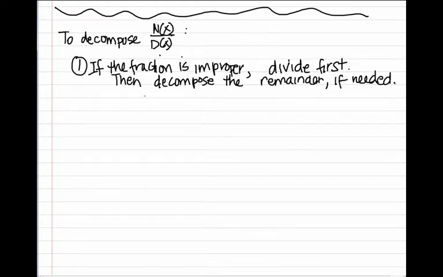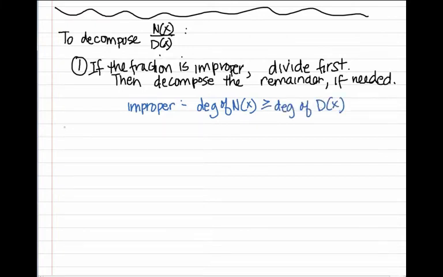Here, in terms of rational functions, it is improper if the degree of the numerator is greater than or equal to the degree of the denominator. An example of that would be x cubed plus 2x plus 1 all over x squared minus 2. Even if the numerator said x squared plus 2x, that would also be improper.